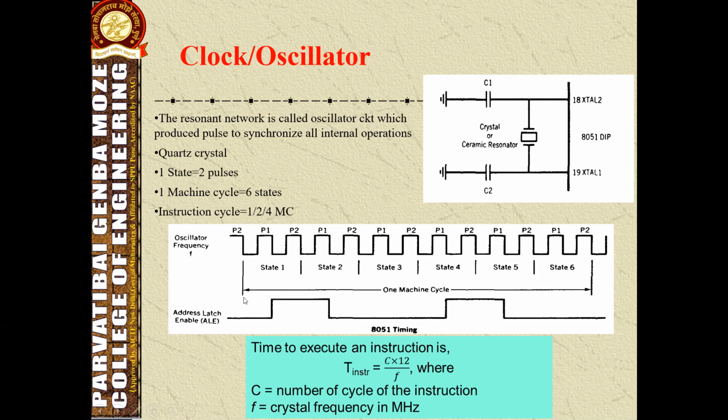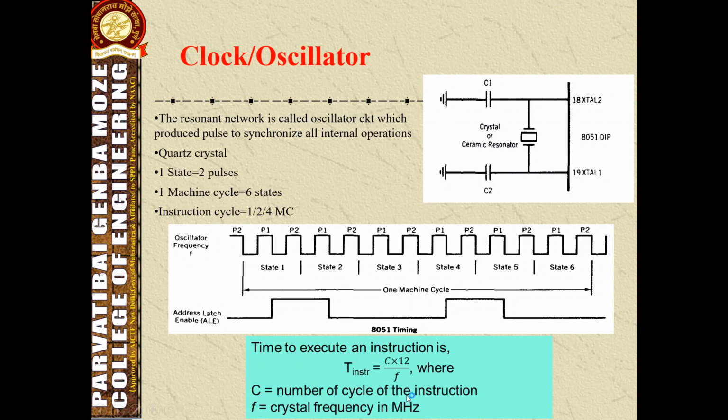Each machine cycle consists of 6 states and each state consists of 2 pulses. So one machine cycle consists of 12 pulses. This is the information about the clock and oscillator circuit used for the 8051 microcontroller.